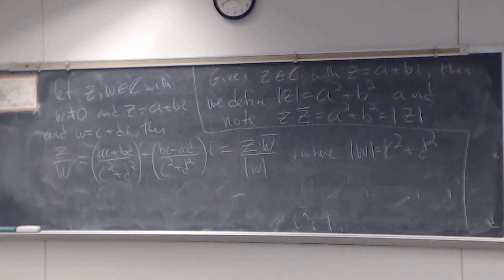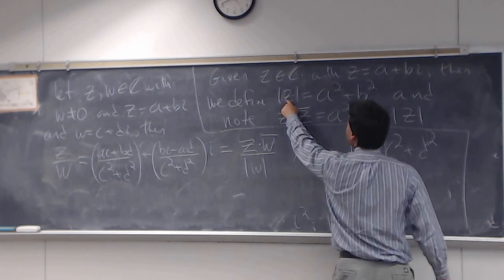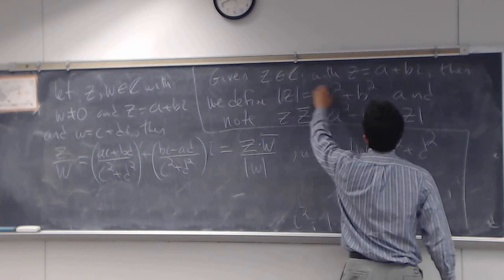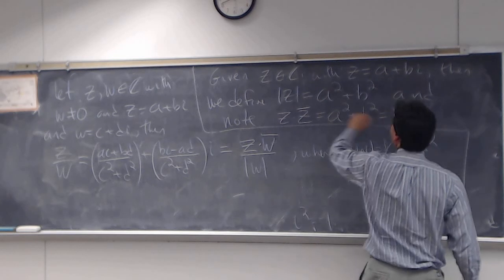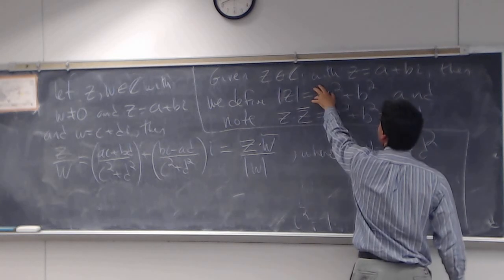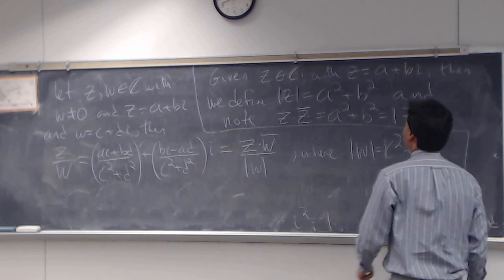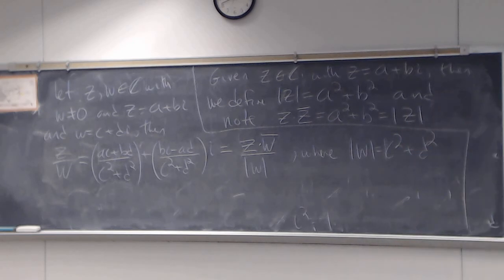So if z is negative 2, you can think of z as being negative 2 plus 0i, so it would be negative 2 squared, give us 4. So that's actually the absolute value.